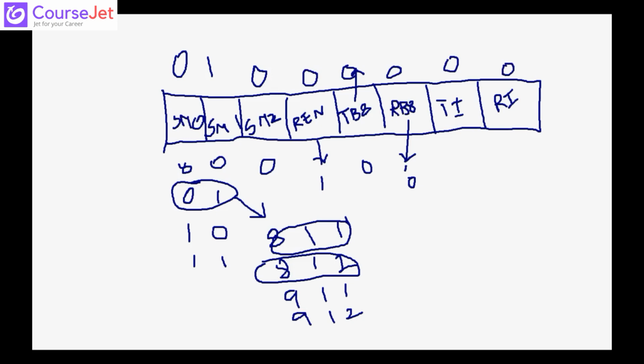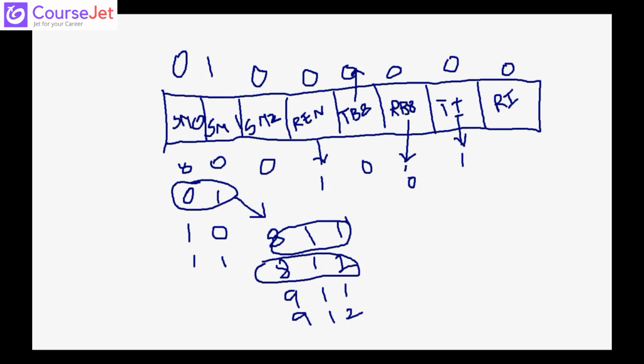What are TI and RI? They are the transmit interrupt flag and receive interrupt flag. Whenever your transmission is completed, whenever your 10 bits of data are done, the TI bit will become 1, stating that your transmission is complete and you are ready to transmit the next byte of data.